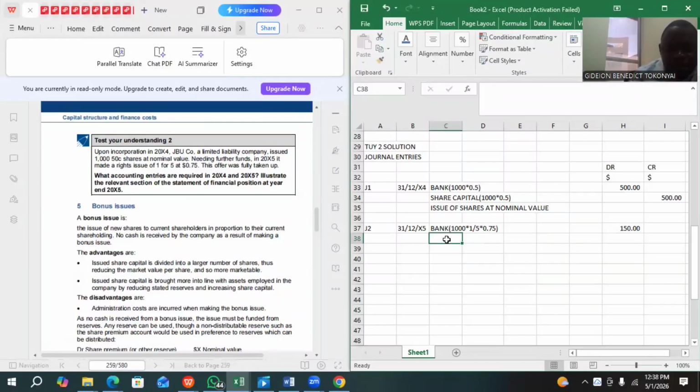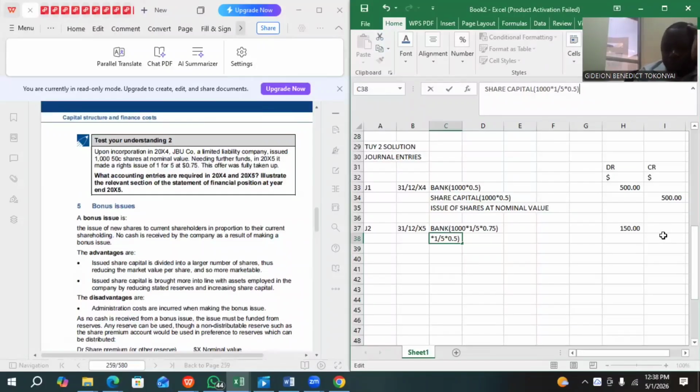Then we credit share capital. Share capital is created at nominal value. We open a bracket and provide the calculation: the 1,000 shares available for issue, multiplied by the share proportion of 1/5, then multiplied by the nominal value of 50 cents, being 0.5, and close the bracket.